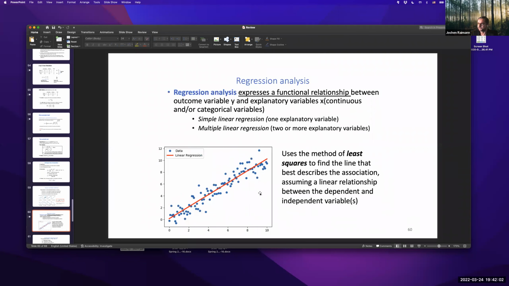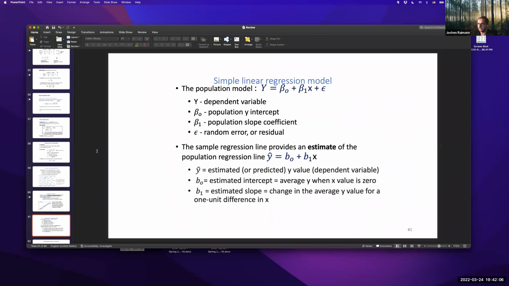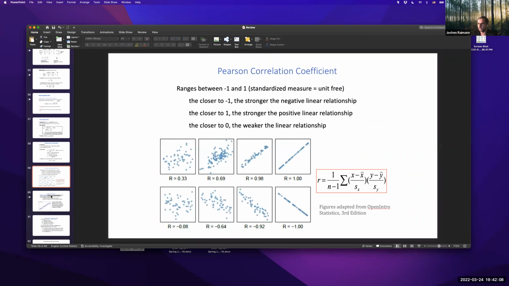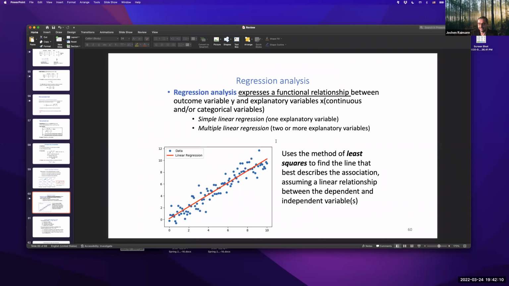Understand regression analysis, simple and linear, and particularly the interpretation of it. I'm flagging this: understand how these tables are to be interpreted. What do the coefficients mean? What does a multiple linear regression with an explanatory variable mean? What does each individual component mean?